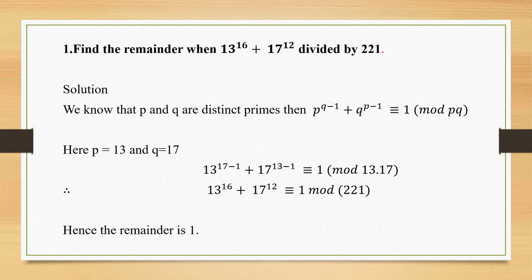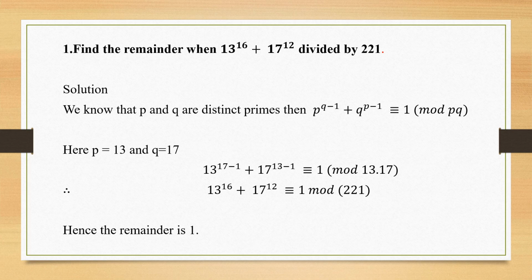Here, if I compare, I can take the first number 13 as P and the second number 17 as Q. In place of P, I will replace 13.